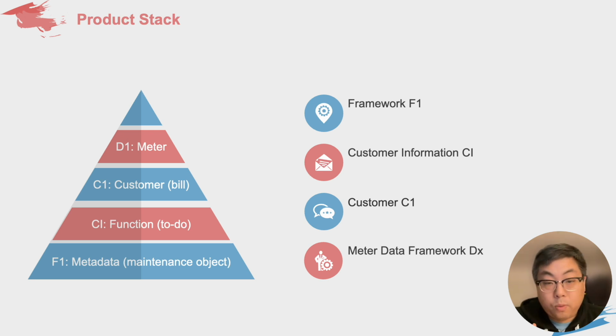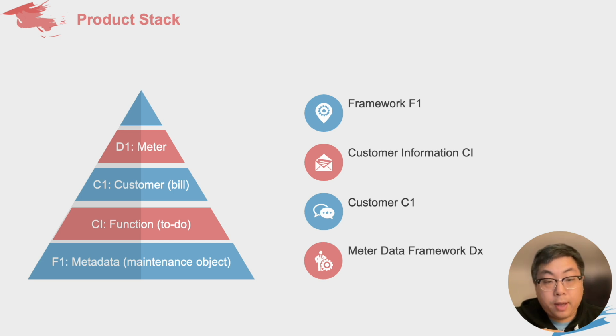And moving one level above that, that will be the functional tables for the framework. And if you look at those tables, you would realize they are designed for, for example, to-do, algorithm, these functional records in the framework.